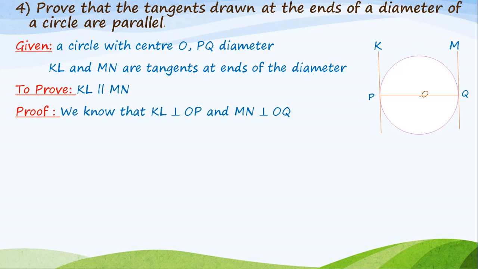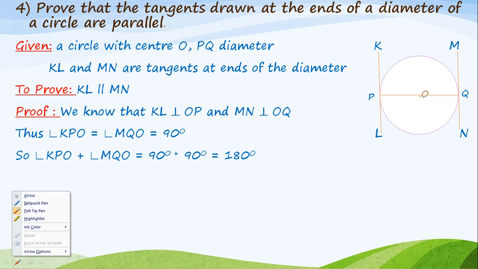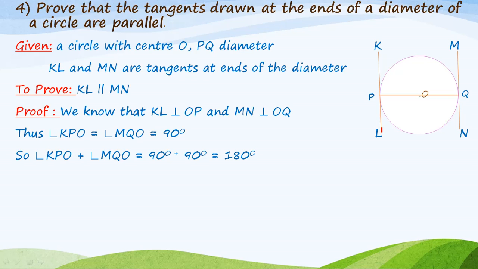Next, the proof. We know that KL is perpendicular to OP. KL is one of the tangents, and OP is a radius, so these are perpendicular to each other.